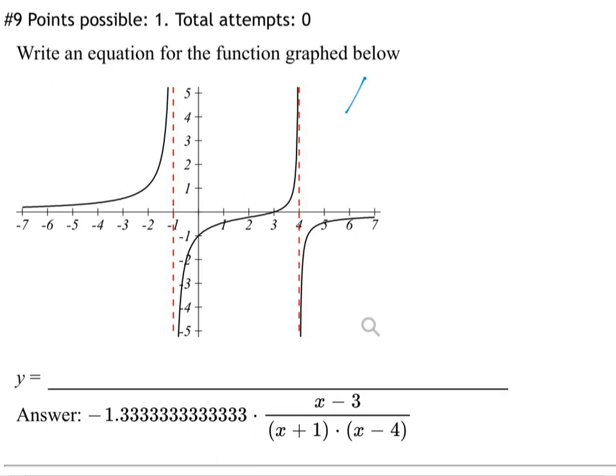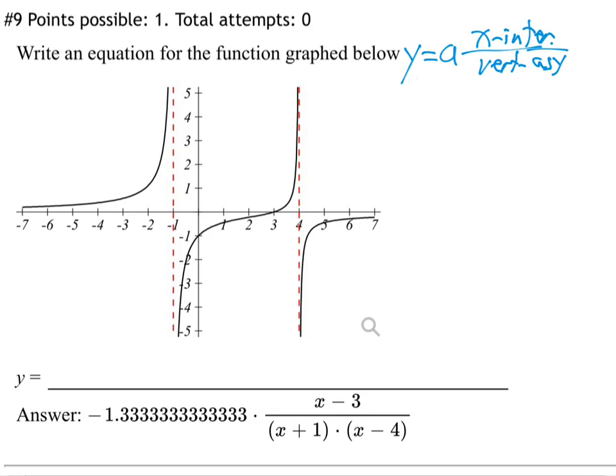Let me write the general game plan here. It's y equals a, and in the top you have x-intercepts. On the bottom you have vertical asymptotes, right? That's what we did in the last couple of problems.